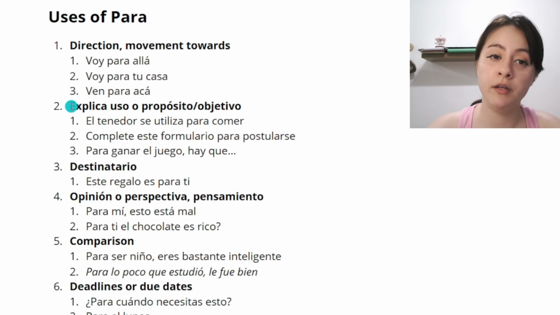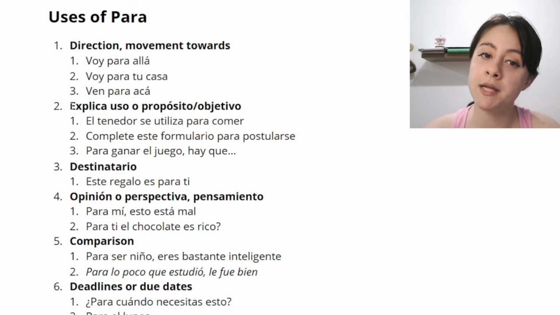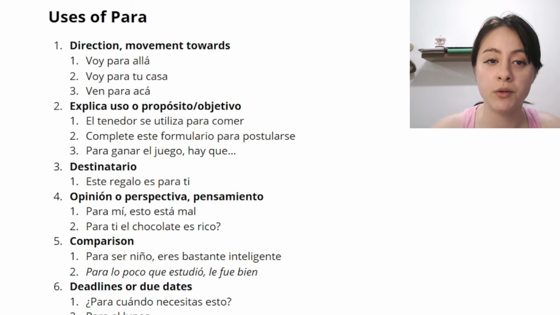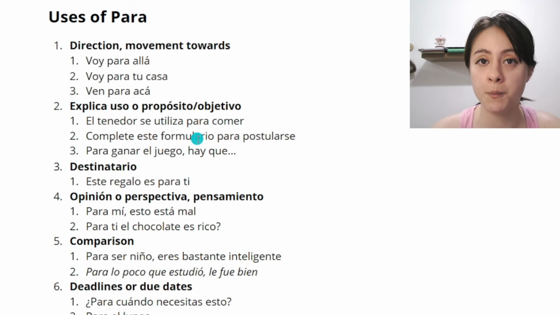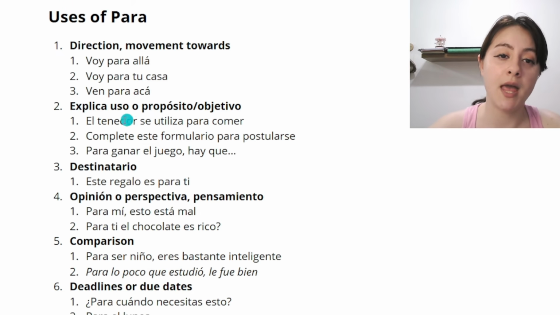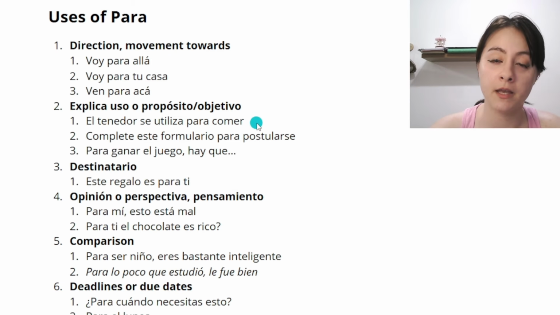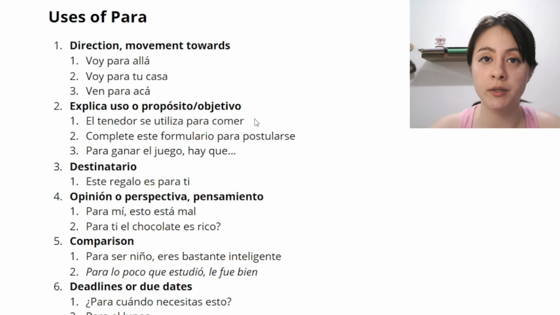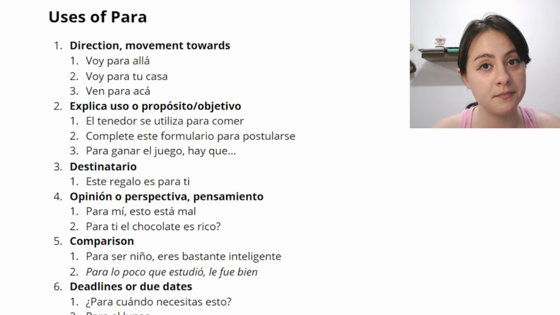Now, the second use case, para, is also related to explanations or causes, but it is usually indicating purpose or goal. For example, el tenedor se utiliza para comer. The fork, or a fork in general, is used to eat.